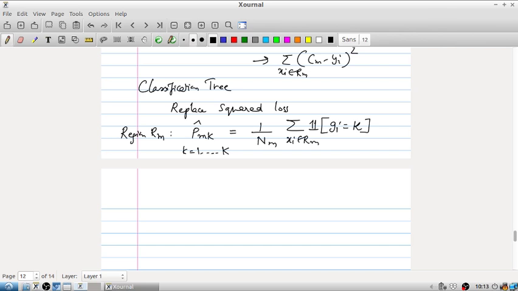So these are just numbers I defined for any region. So if you are again at region R0 and you want to break it into R1 and R2 in the tree construction process, then you have these 3 numbers p hat mk for the first region and p hat mk for the second region. You can compute this by just doing the summation, simple averaging.